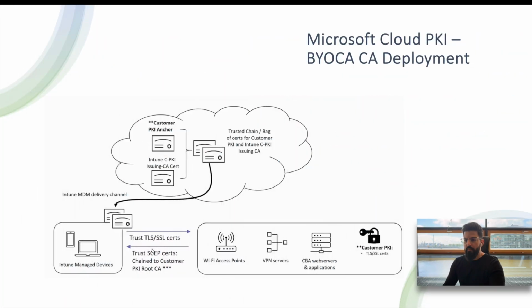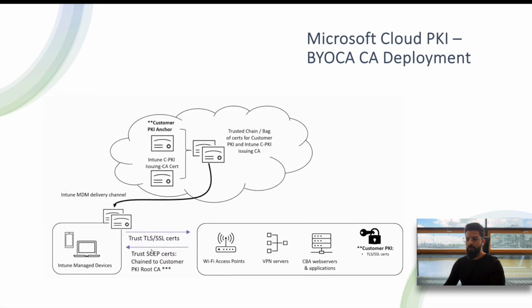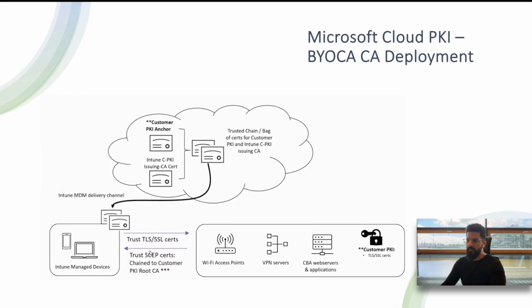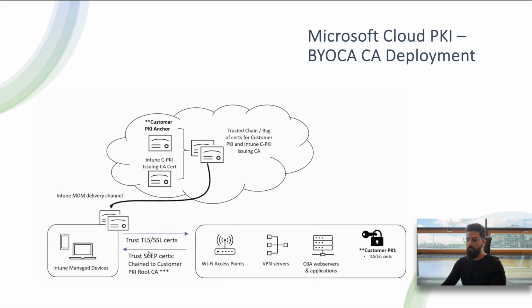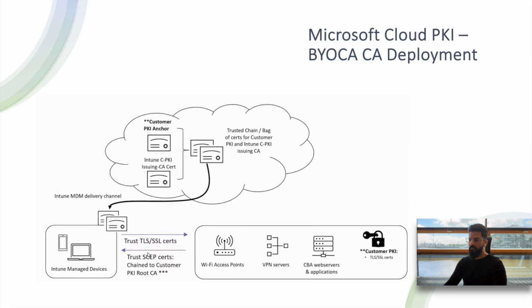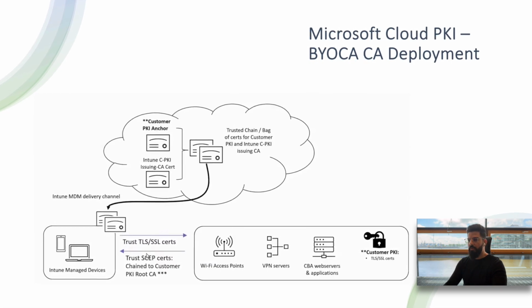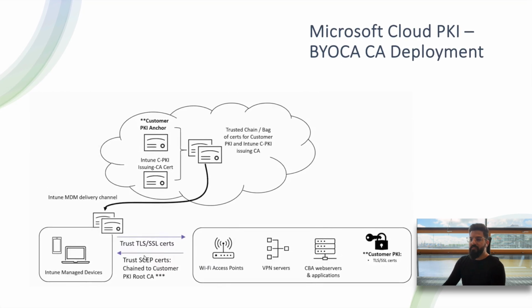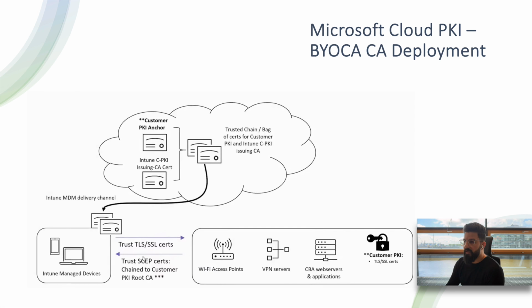Isn't that weird? Bring your own CA deployment. In this approach, your root CA is on-prem, and so you're going to deliver the bag of certificates of that root CA on-prem to your managed devices. The Intune Trust Certificate profile does the trick there.